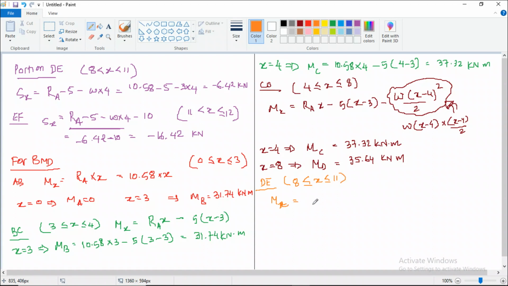So Mx will be equal to Ra multiplied by x minus 5 into (x minus 3) minus w multiplied by 4, that is the point load, into (x minus 6).